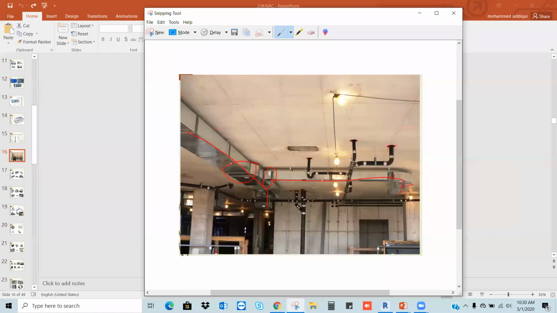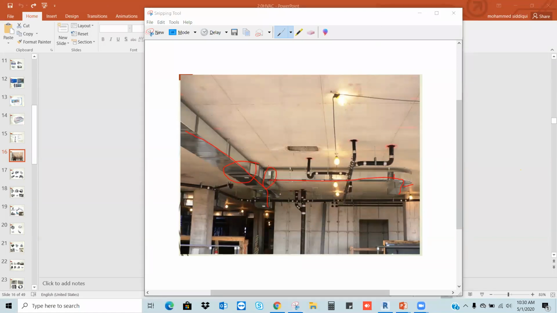But why do we need to use the reducer? According to the airflow, our duct size will vary. Let's say for example, generally everybody knows about the water pipe. If we require more water supply, we use the bigger size of pipe. If we need a small quantity of water, we use small size pipes.